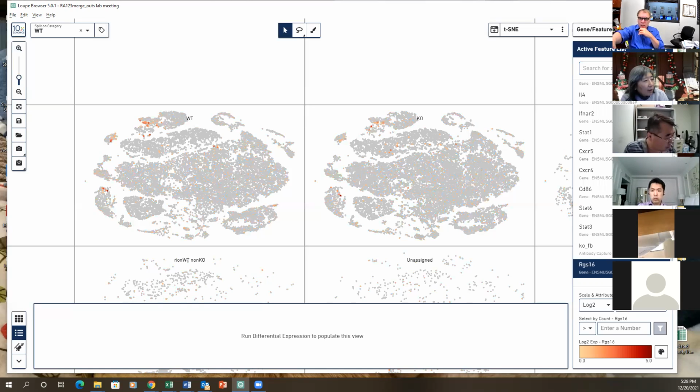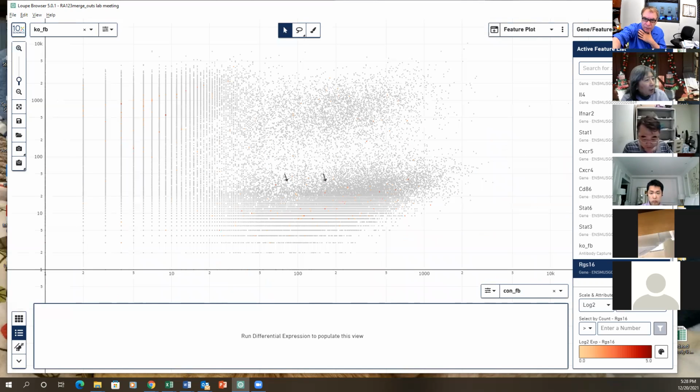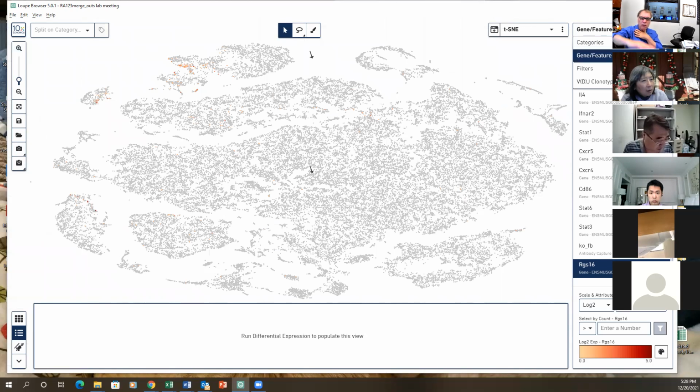Or gene feature expression, that's it. See that on the upper right? Just click on that. No, not that, the other one. Go back to where you were. Okay, yeah, there.